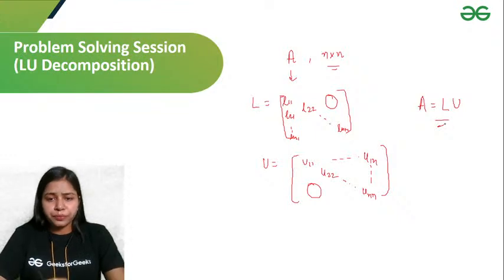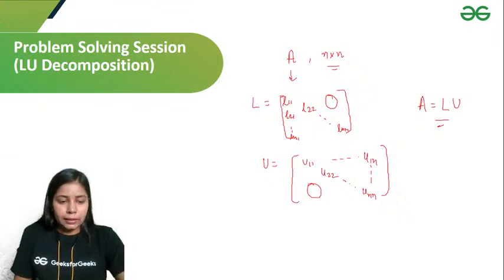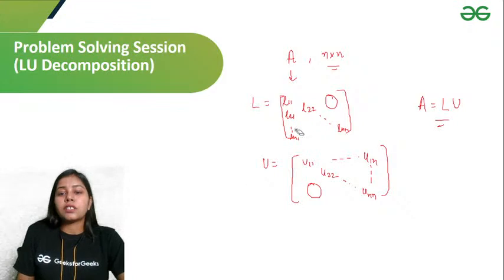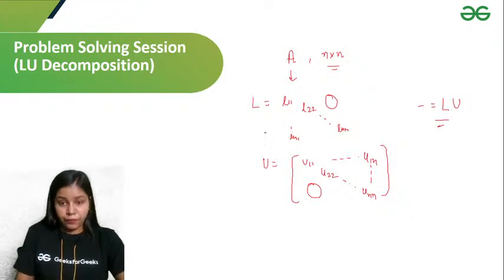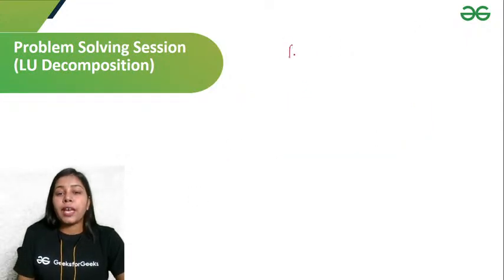So how would you do it? The first method is this. Let's suppose I have a 2 cross 2 matrix, 1 2 3 4.